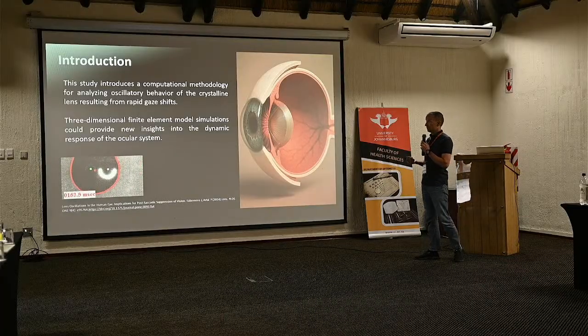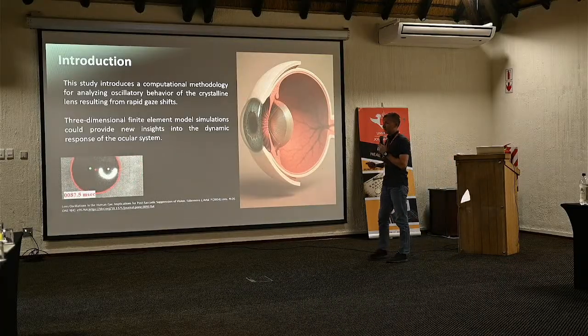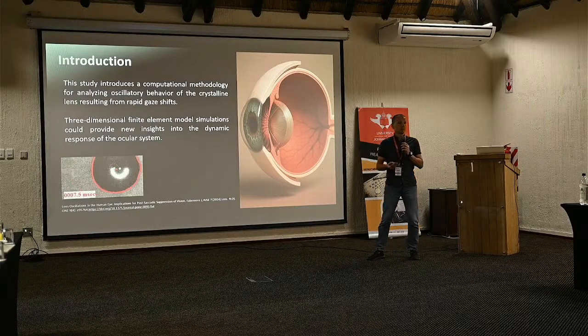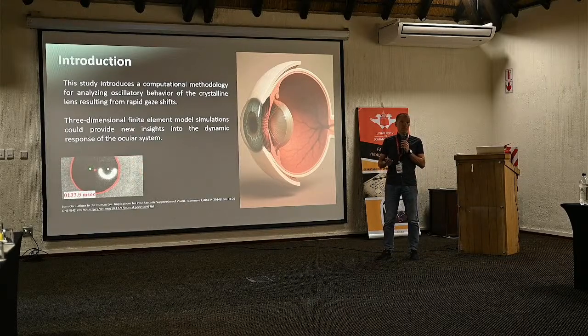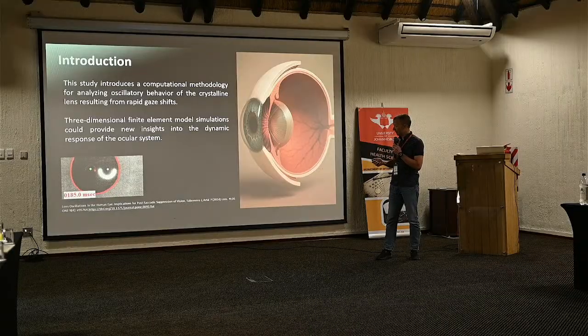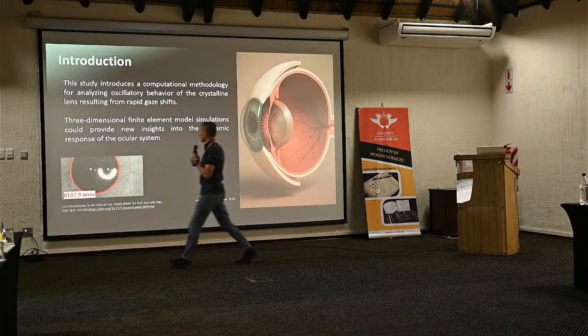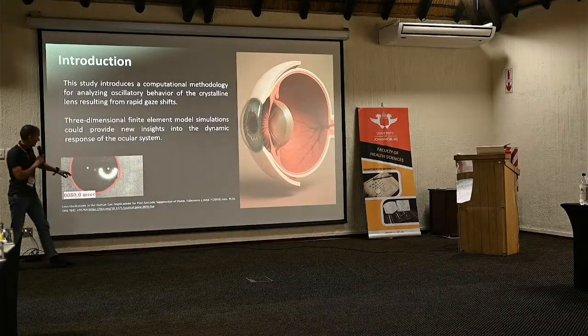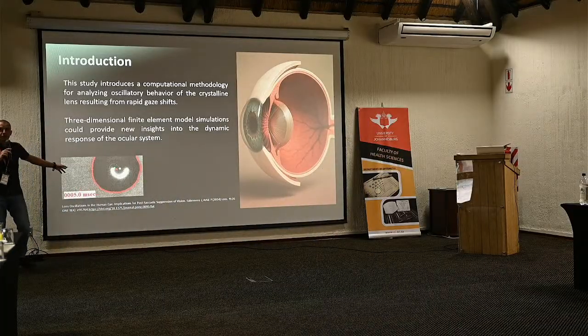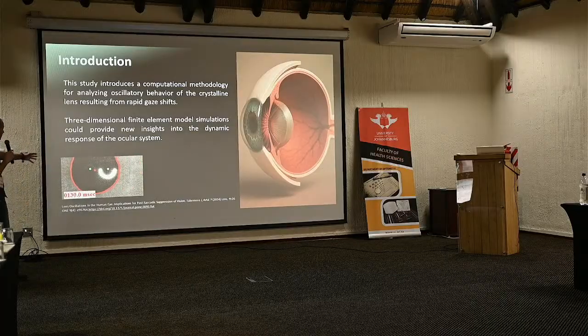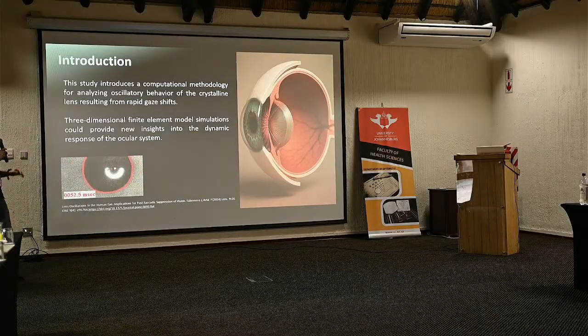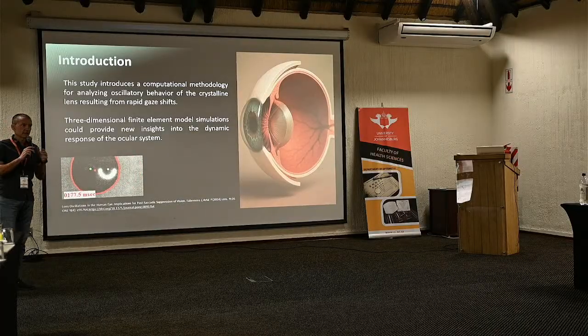This phenomenon has been studied by means of the well-known Purkinje images that you can observe here. You can see in this video that the reflection of some points of light are altered during the inertial motion of the lens.